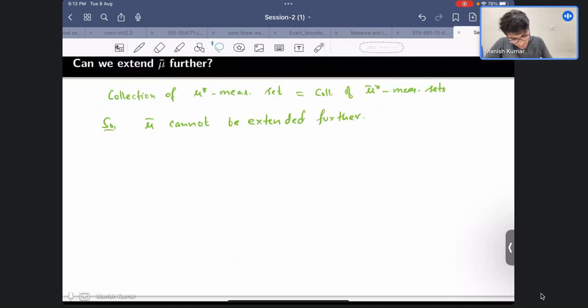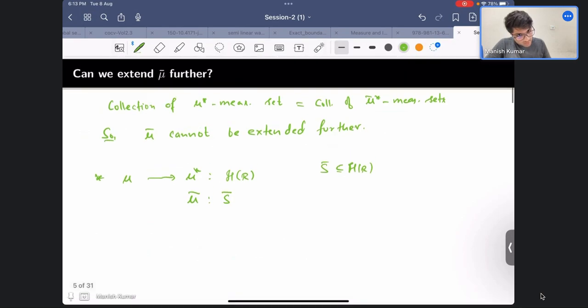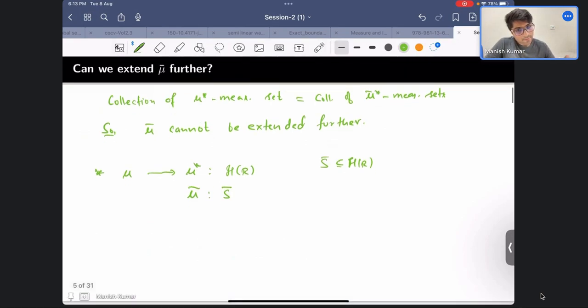So you are saying that mu star was defined on H R, and we restricted it to S bar. So S bar was a subset of H R, and we restricted mu bar here, right? Now what's your question?